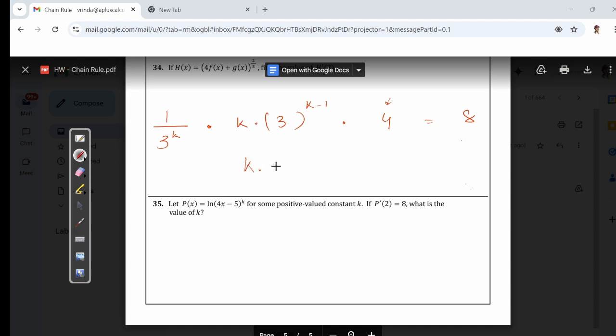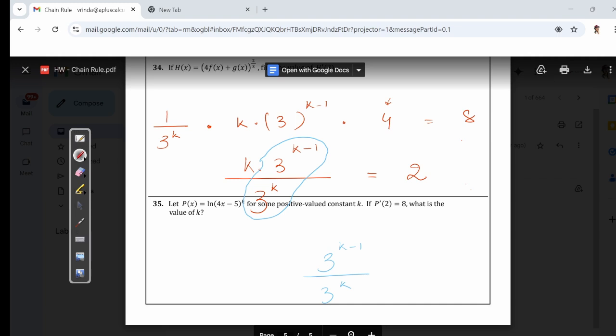So this is k times 3 raised to k minus 1 over 3 raised to k. Divide the whole equation by 4, so you get 8 over 4, that is 2. Now, Anika, combine these, apply the division rule of exponents. 3 raised to k minus 1 over 3 raised to k.